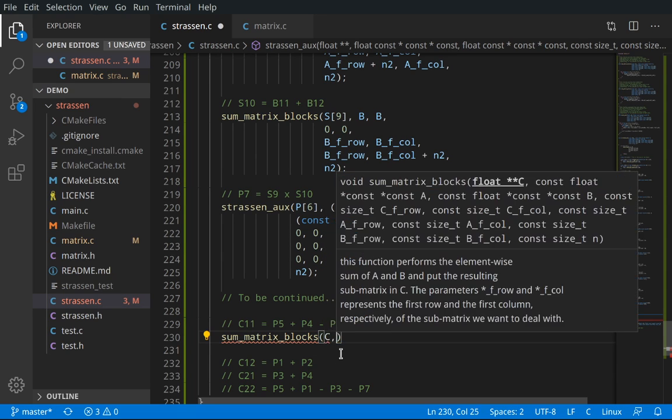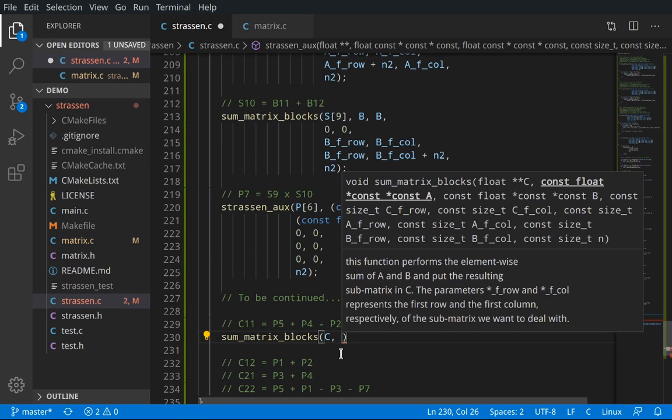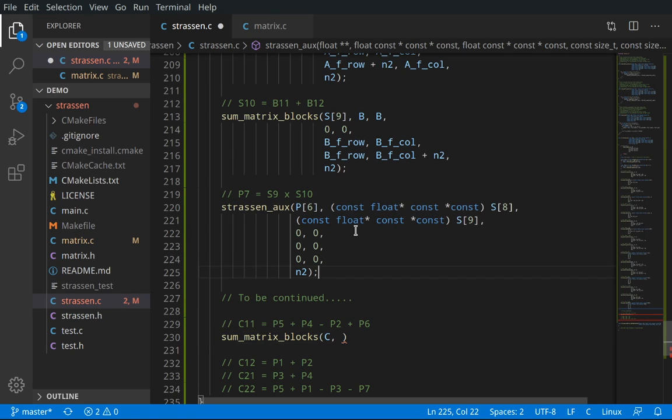So for sure C is the first parameter, and then we need to specify that we want to sum P5 and P4, which are of course part of an array.